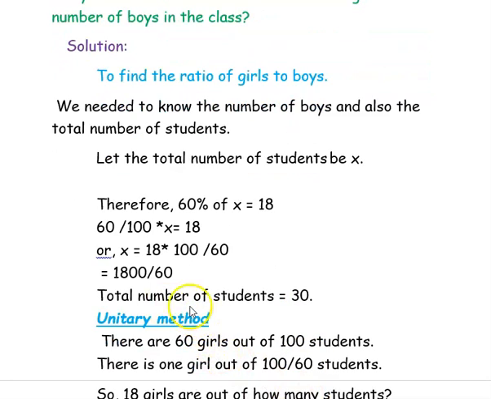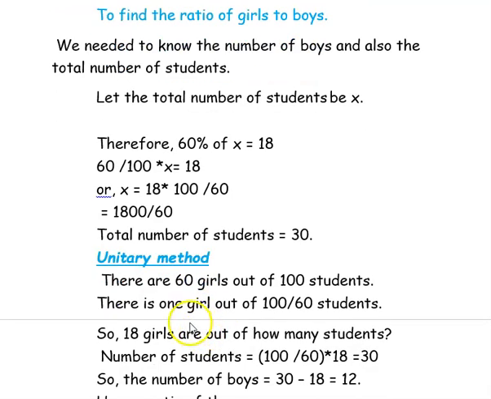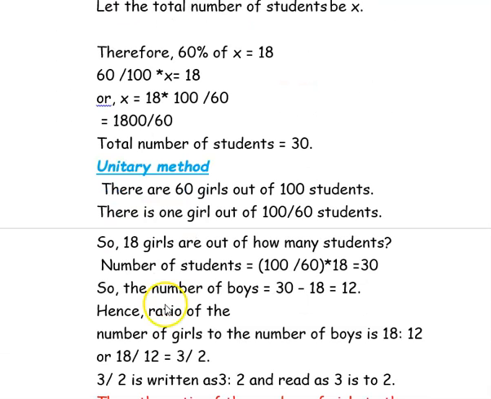The same total number of students we can also find using the unitary method. Okay, so let us see how to do that. There are 60 girls out of 100 students because it's given as 60% girls. So, percentage we are taking as 100 students. So, there is one girl out of 100 by 60 students.